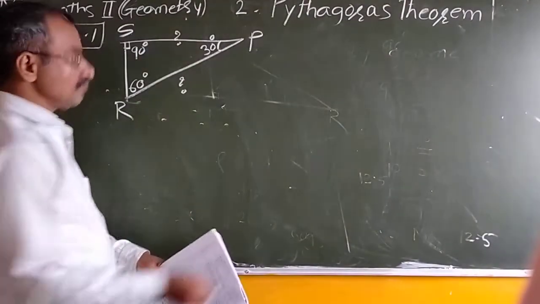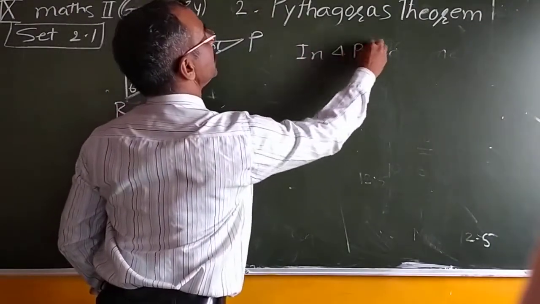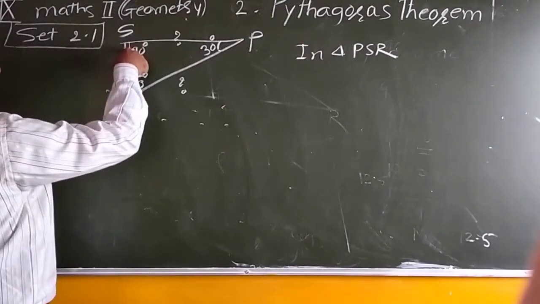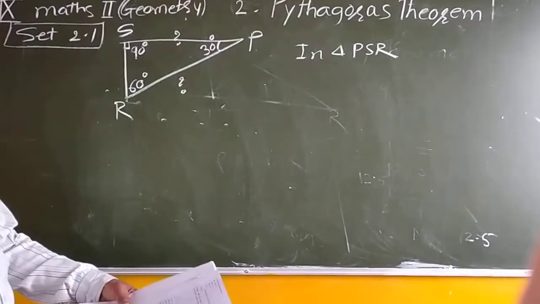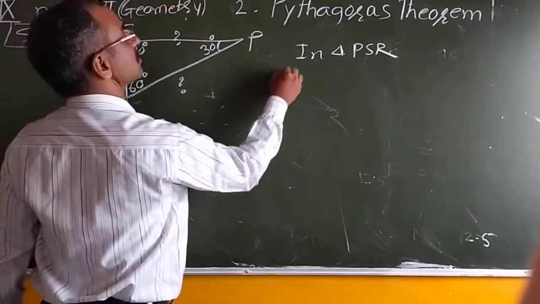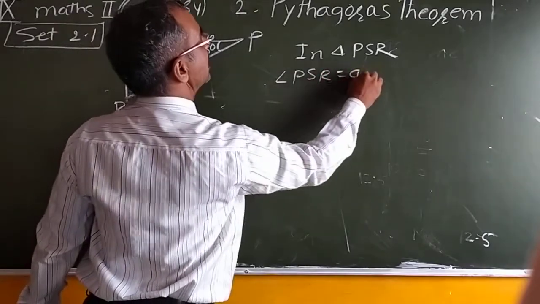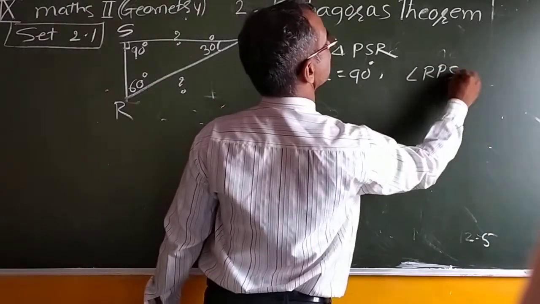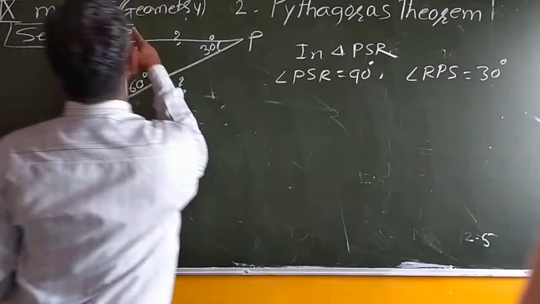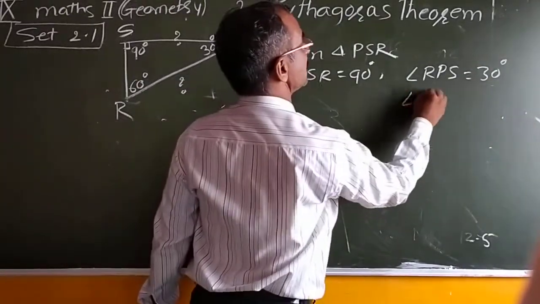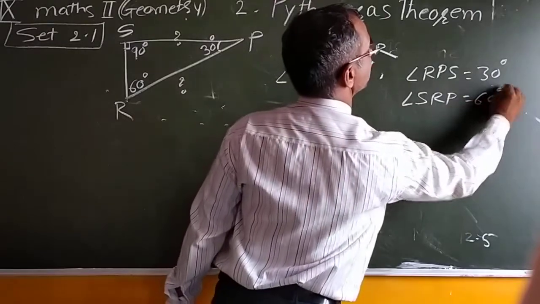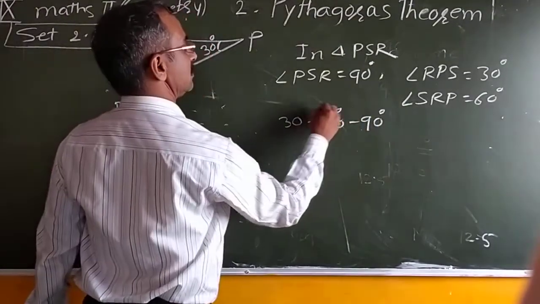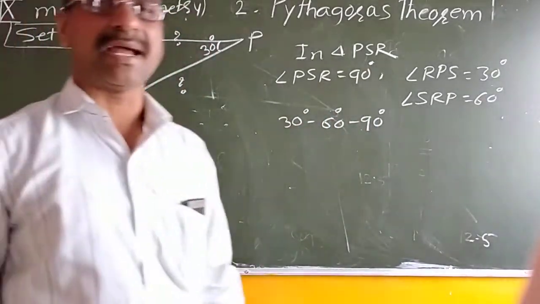So in triangle PSR, it is a right angle triangle, angle PSR is 90 degrees, angle RPS is 30 degrees, and the remaining angle SRP is 60 degrees. So we get a 30, 60, 90 degree triangle.